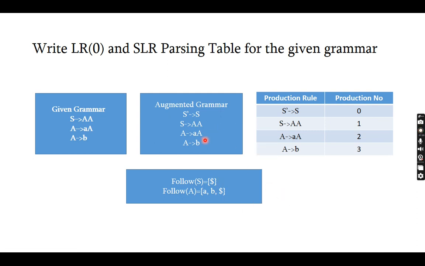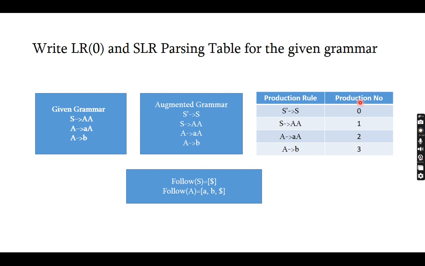Like this you convert the grammar into augmented grammar and then start solving the problem. Now we give production numbers to all these productions. The first production is number 0, S derives AA is number 1, A derives aA is number 2, and A derives b is number 3.